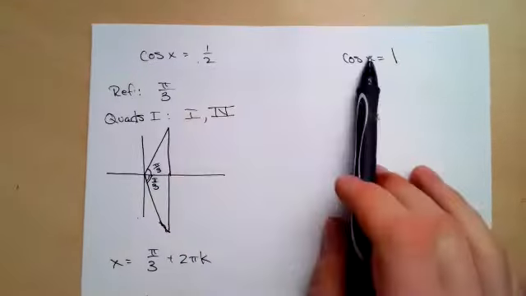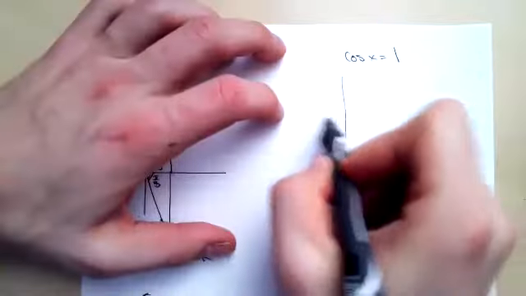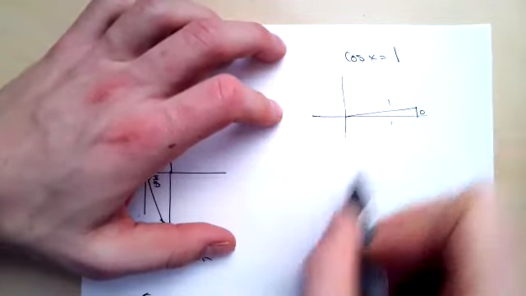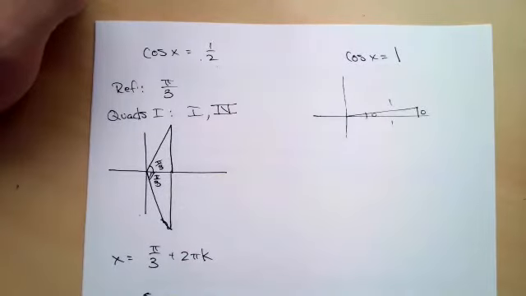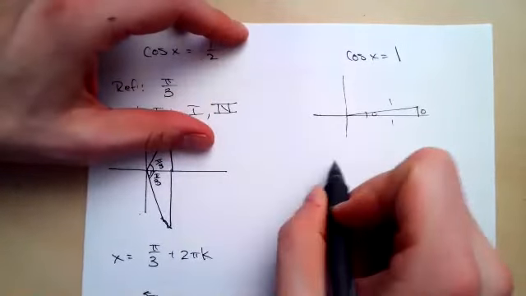Cosine of x equals 1, we still got to solve this equation. That one, just remember that when sine or cosine are equal to 1 or 0, it ends up being one of the degenerate triangles. So we need cosine x equals 1. It's actually going to be this triangle here, so a 0-degree angle, since cosine of 0 is going to give me that 1 over 1.